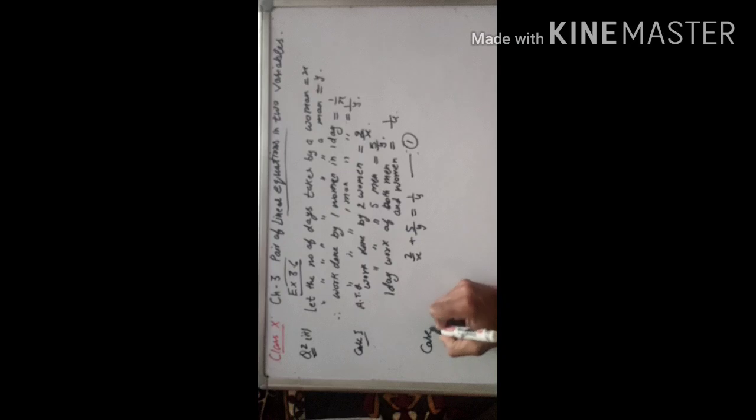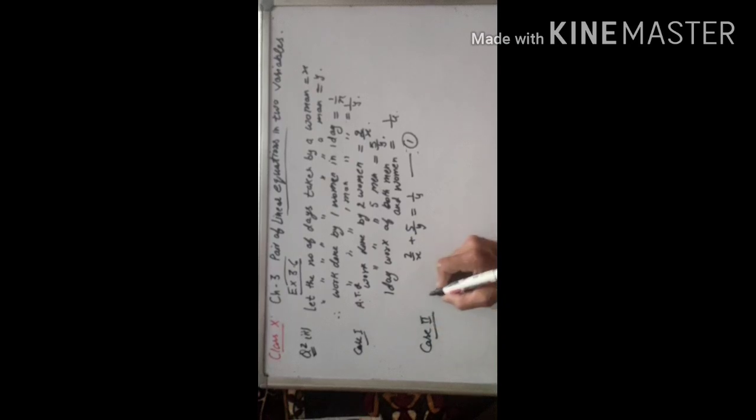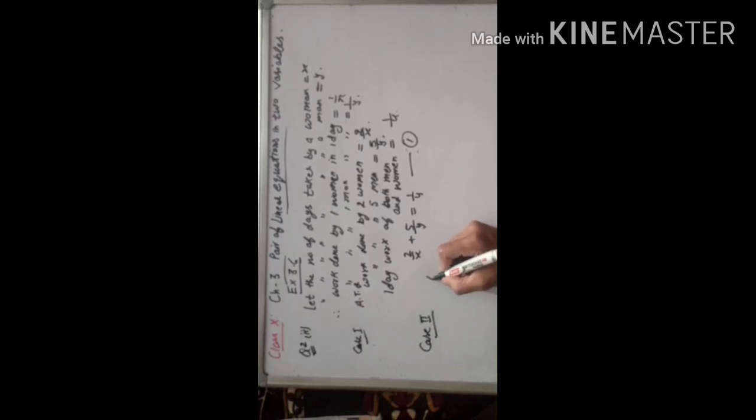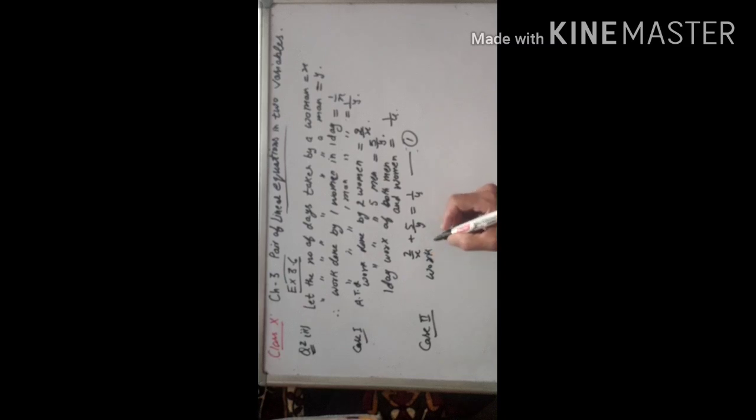Now case 2, while 3 women and 6 men: work done by 3 women is equal to 3 by x, work done by 6 men is equal to 6 by y.